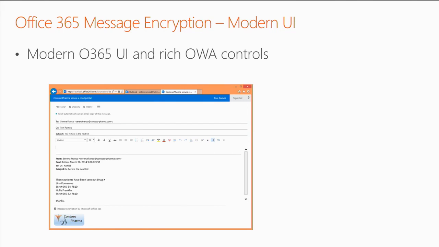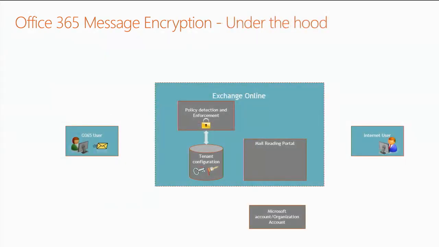Now, we've seen the usage scenarios, etc. And now what we'll do is dive in and look under the hood and see how it actually works. So here we go. Here's Serena, who has sent the message. What will happen is the transport rule is hit, and we will go to the back-end servers, get the keys for Contoso Pharma, only for Contoso Pharma, and get the branding that they have set.